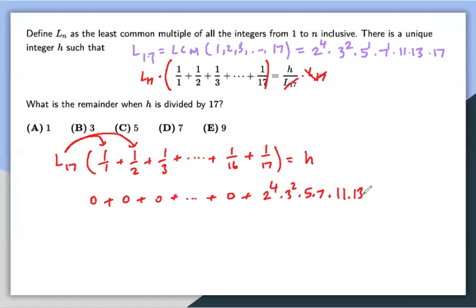Again, these are going to be zeros whenever I divide this by 17, and then we just say this is congruent to H mod 17. So whenever I divide those numbers on the left by 17, I will see each of these numbers is a multiple of 17, which means the remainder will be zero. And now we are saying they are congruent to 0 mod 17, except the last number.